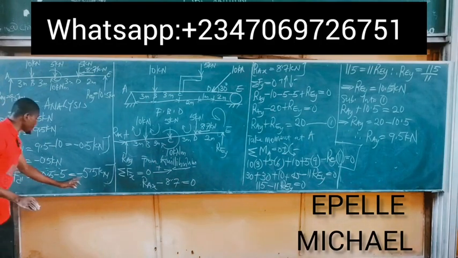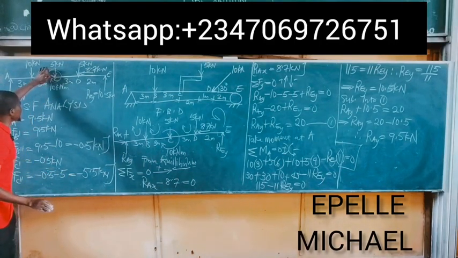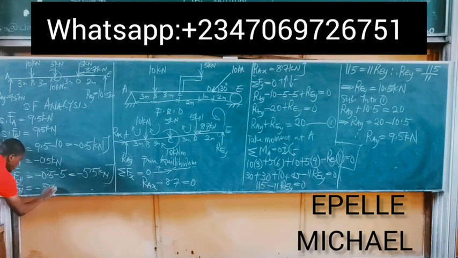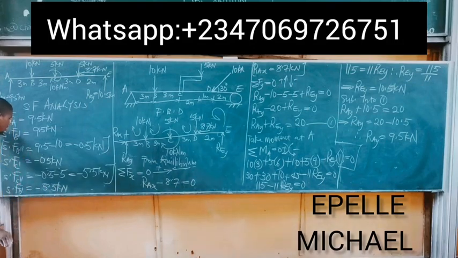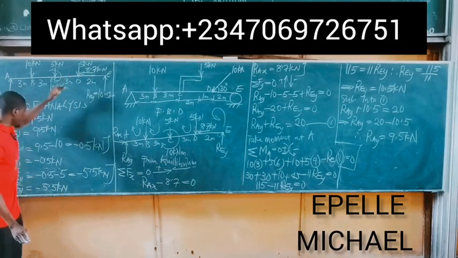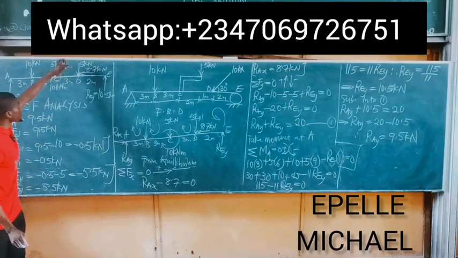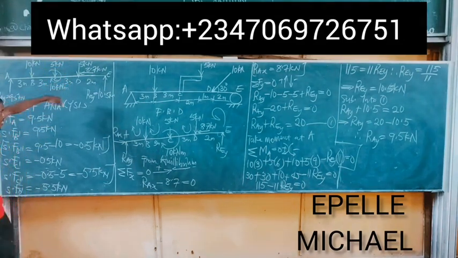Okay, this minus 5.5 kilonewtons force moves from point C down to point D. So initially, shear force at D prime, which means initially at point D, we still have minus 5.5 kilonewtons force. But now on getting to point D, this minus 5.5 kilonewtons force recognizes that there is a 5 kilonewtons force acting downwards at point D. So we also reflect that in the equation.